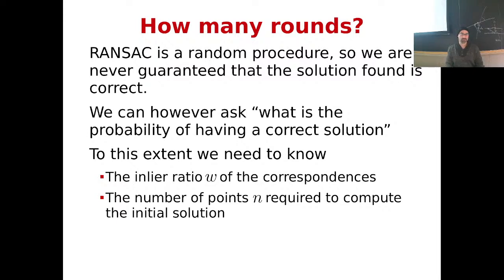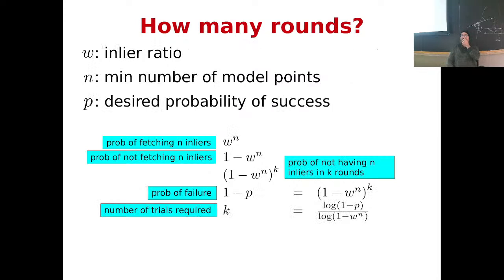Clear, guys? Now, let's calculate this number of rounds. It's very simple to derive this formula. So let's say W is my inlier ratio, the probability that a correspondence in my input set is good. Typically for feature-based things, it's around 0.2 or something like that for image business.